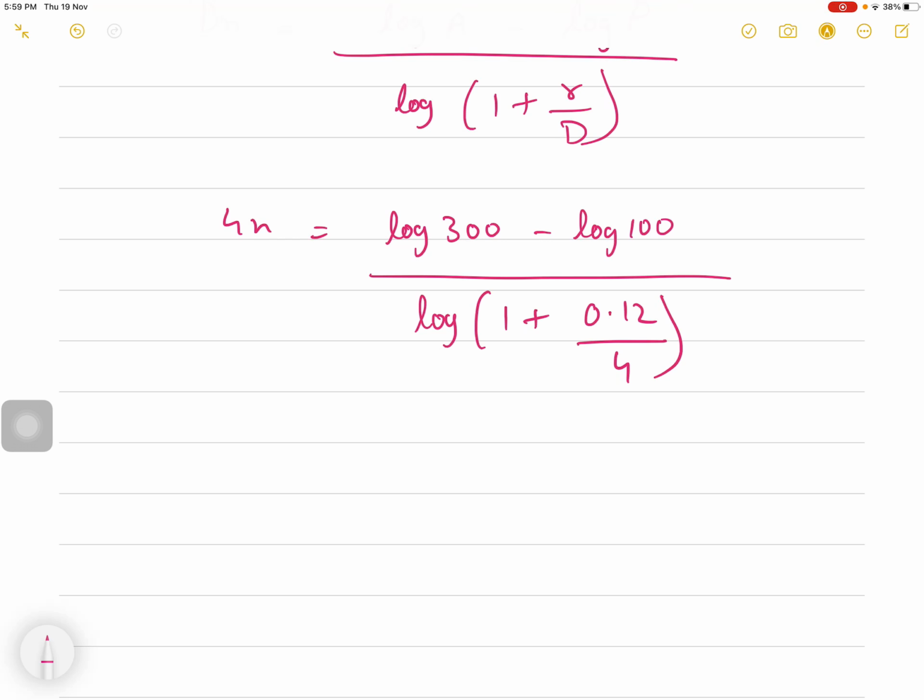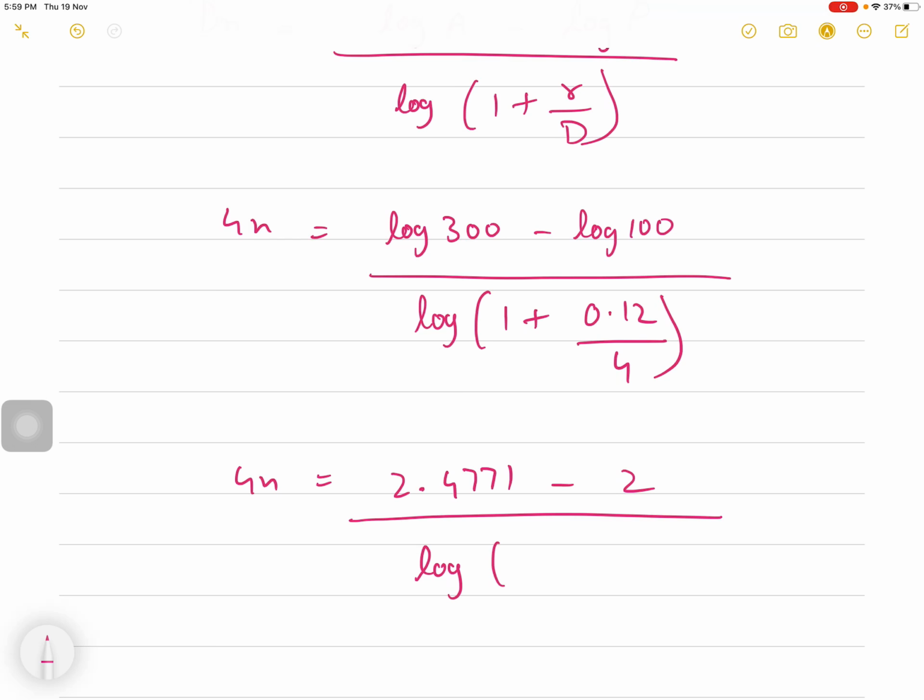Okay. So log 300 is 2.4771 minus log 100. Log 100 is 2. Log 1 plus 0.12 divided by 4. So 0.12 divided by 4 is 0.03.